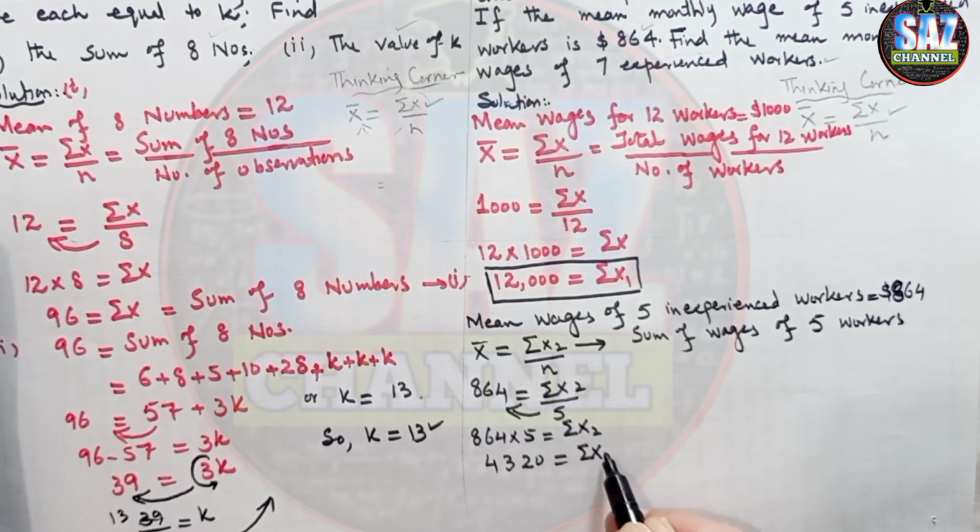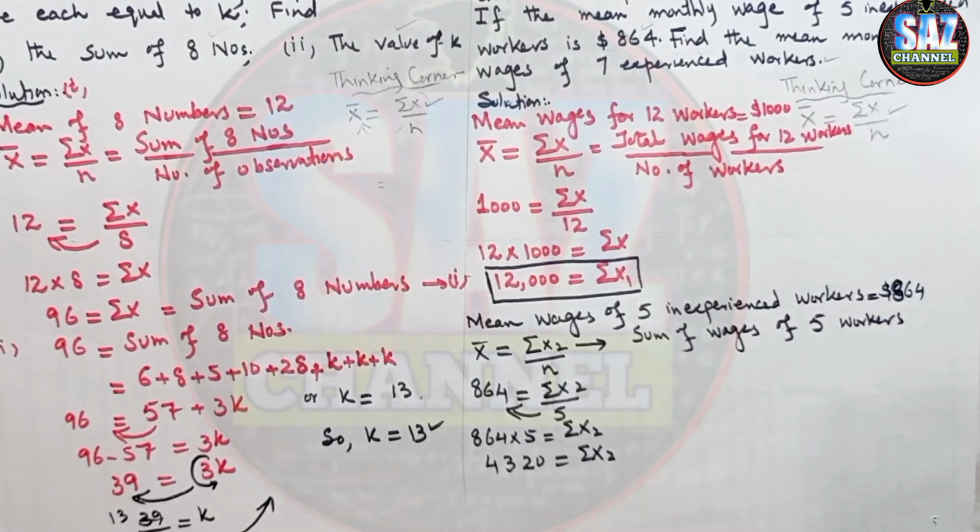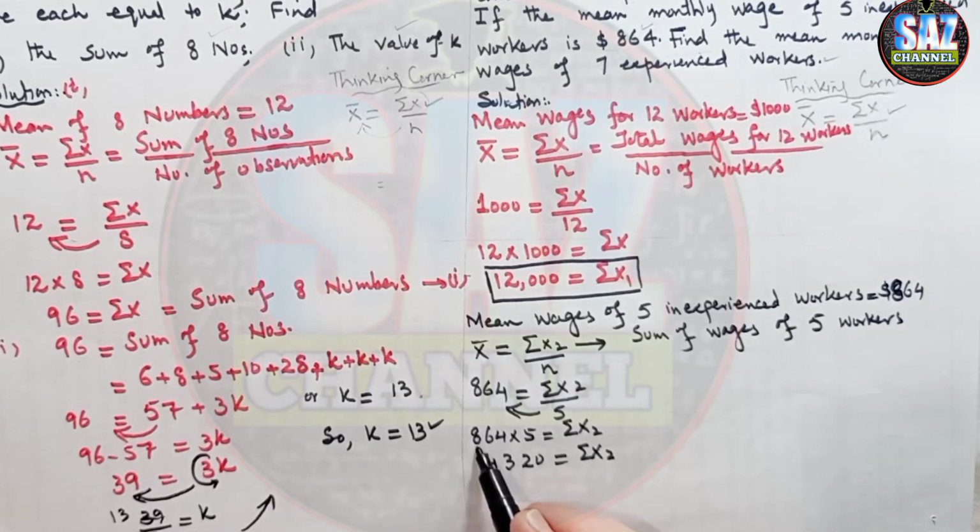Okay students, what is this sum? This is the sum of wages of 5 inexperienced workers.